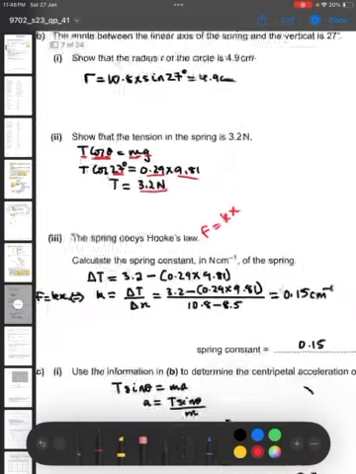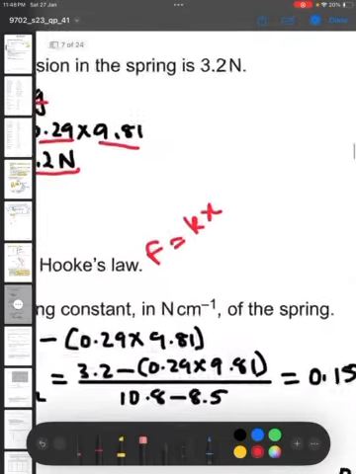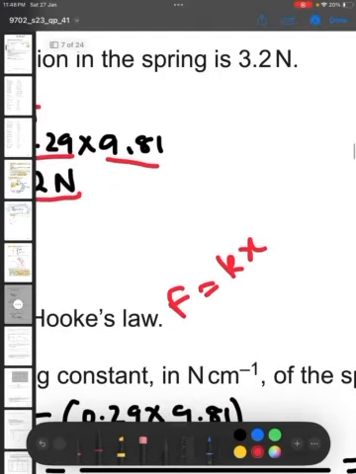Now, to find the spring constant, we have to understand that we have been told that it obeys Hooke's law. Now, F is proportional to x. What is the general implication that F is proportional to x?